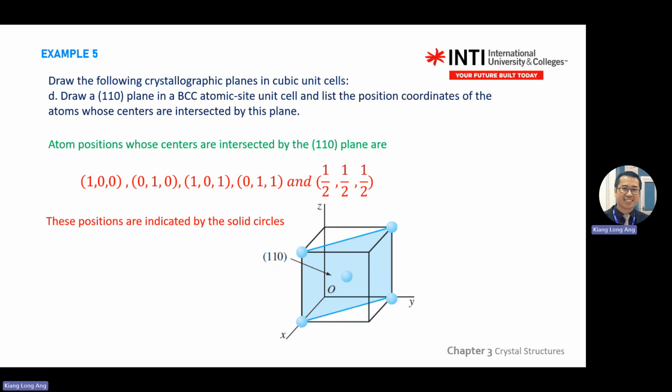Body-centered means you have 1, 2, 3, 4 at the bottom, one sphere at the center, then 1, 2, 3, 4 at the top. But in this case, you slide in the 110 plane, so you're actually seeing these 5 spheres. So these are the coordinates. For example, the first coordinate is 110. But again, remember the presentation of the coordinate must come with the comma.